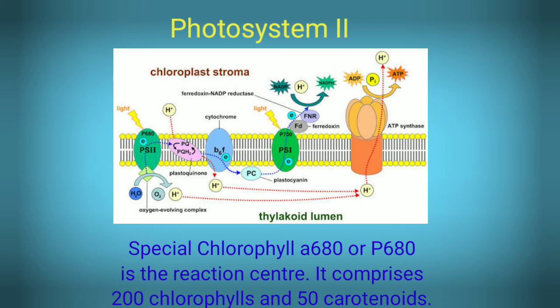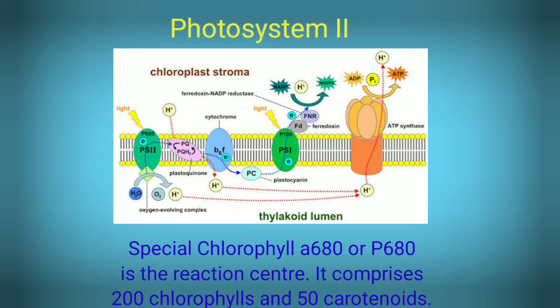This is PS2, where the single molecule present is called the reaction center or photocenter in the thylakoid, to which all the accessory pigment molecules of the photosystem transfer their energy, the same as in PS1.